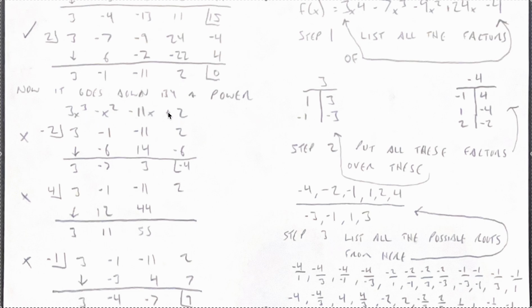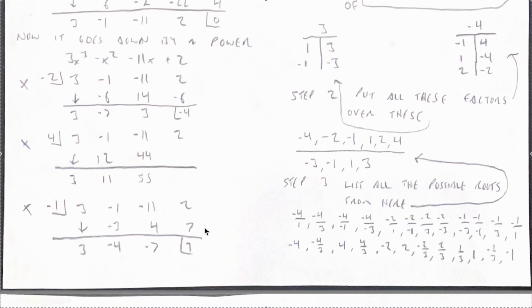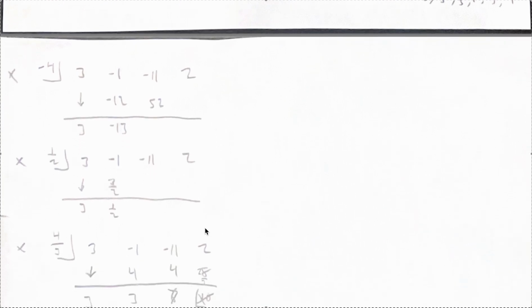So then you can just use this simpler one for synthetic division. Now I tried negative 2, got a remainder of 4. I knew I was going to get a remainder, so I stopped. Negative 1, I got a remainder. And then I kept going because I didn't find the next root yet.